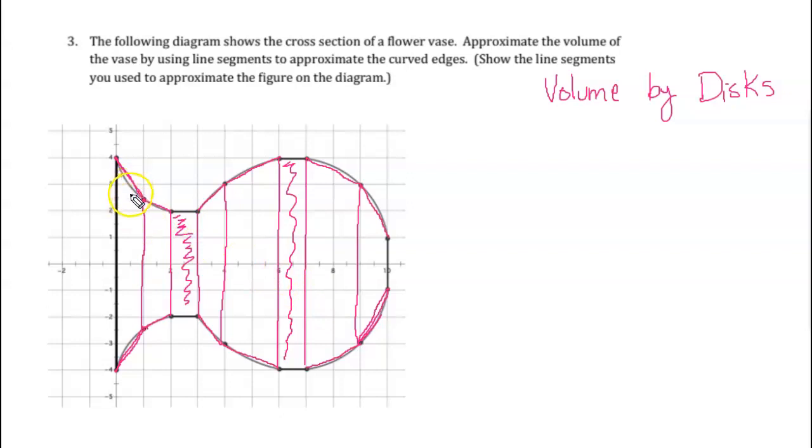And so we can actually find the volume of each of these 8 sections individually using our frustum formula and our cylinder formula, and then add them up. And then we can find an approximation for the volume of this vase. So go through and see if you can find an estimation for this volume.